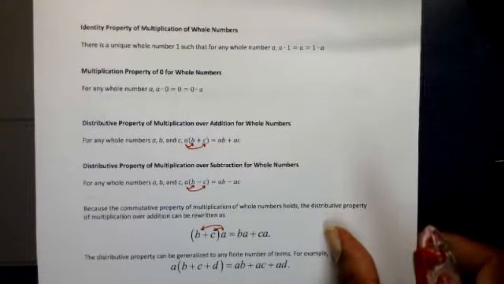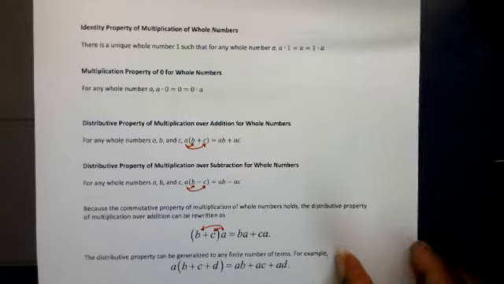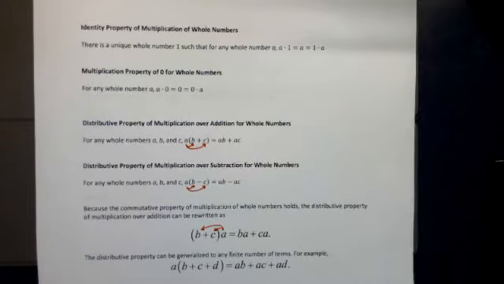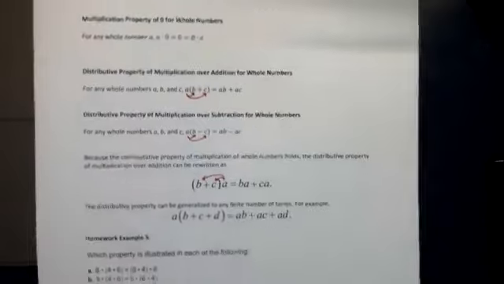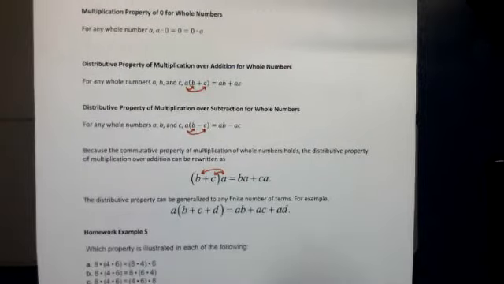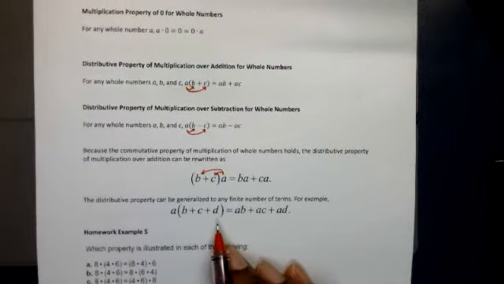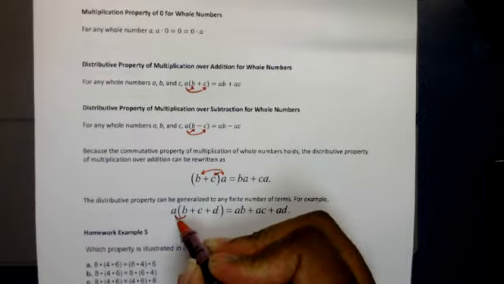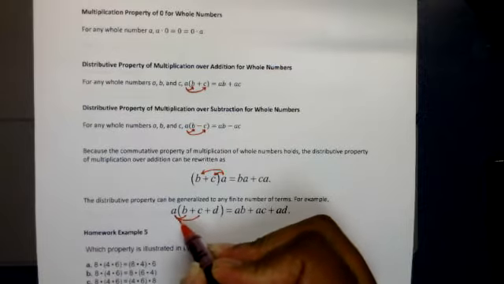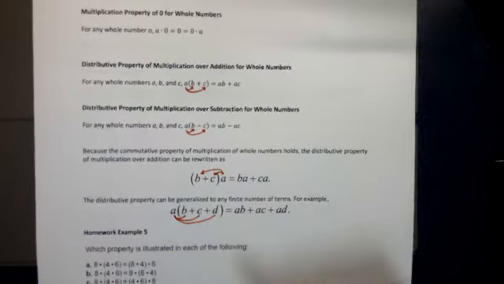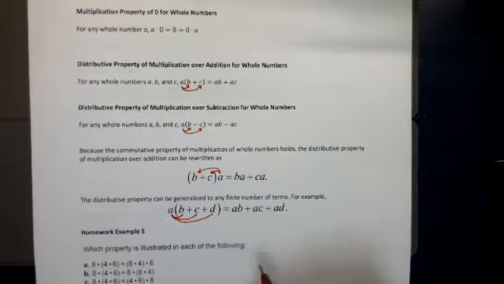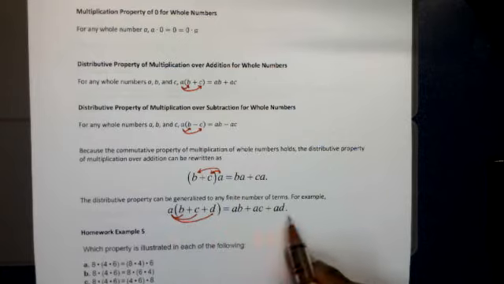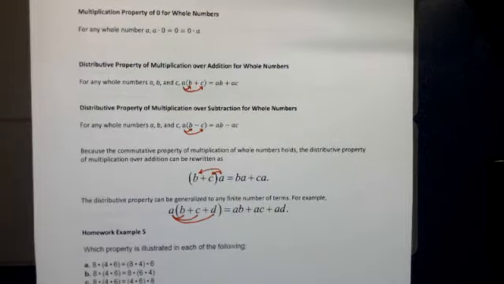And also the distributive property can be generalized to any finite number of terms. So if I have A times the quantity B plus C plus D, the A can be distributed over the B and over the C and over the D by multiplication. So it'd be A times B, or AB, plus A times C, which is AC, plus A times D, which is AD.